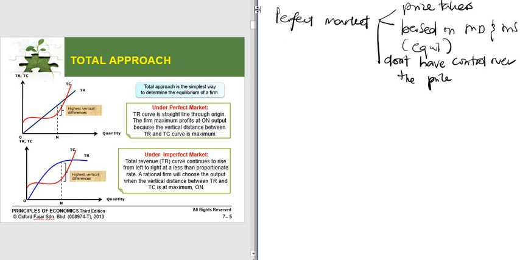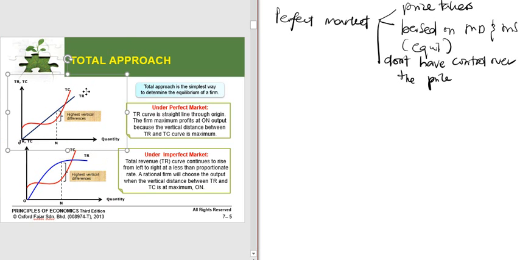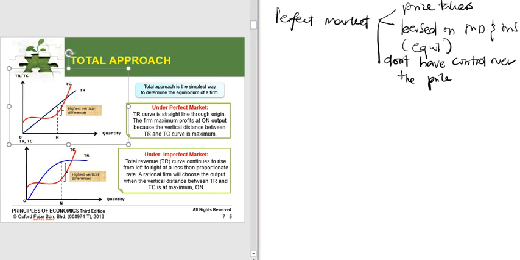So in perfect market, the price of their products will be the same, so their total revenue will be fixed. That's why you have this kind of total revenue curve for a perfect market.